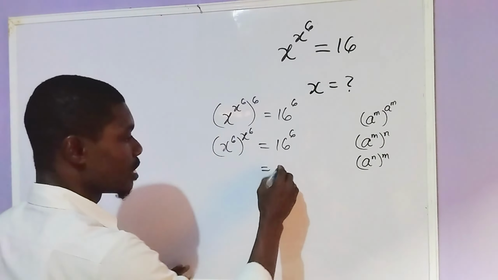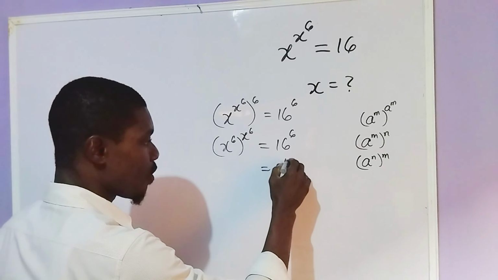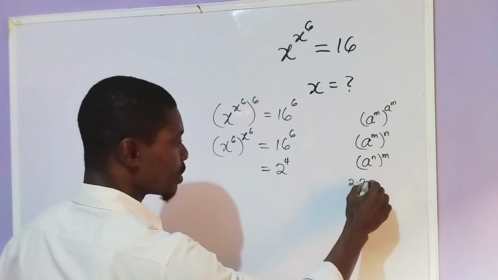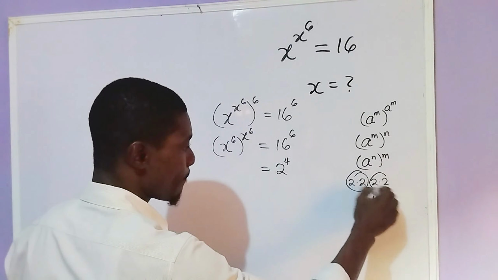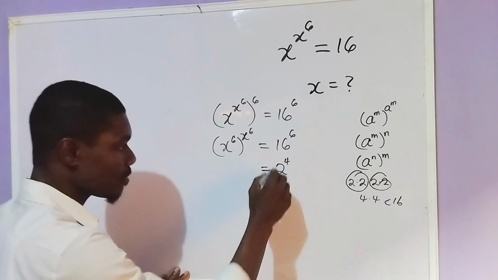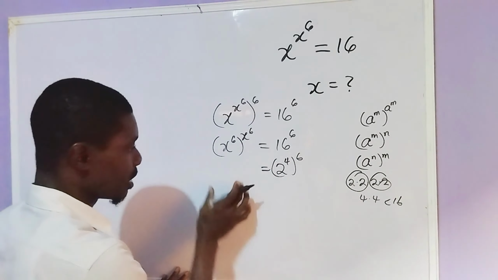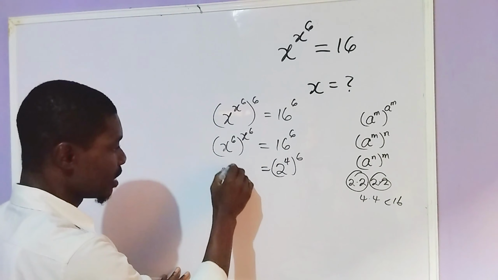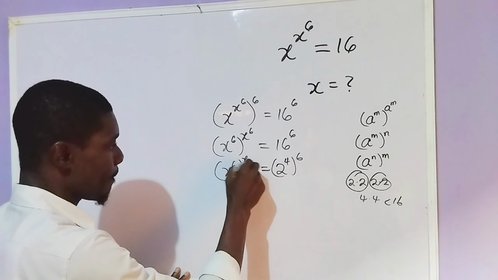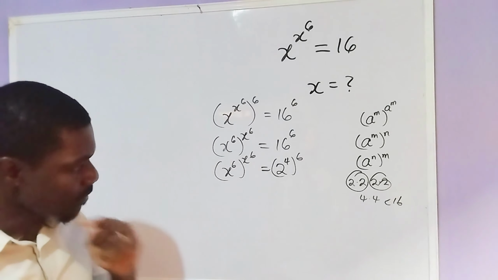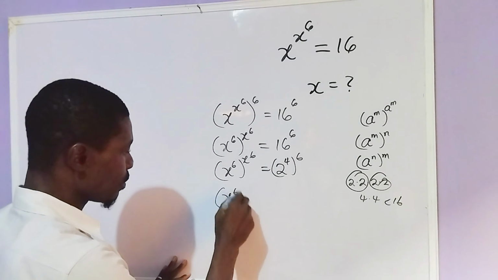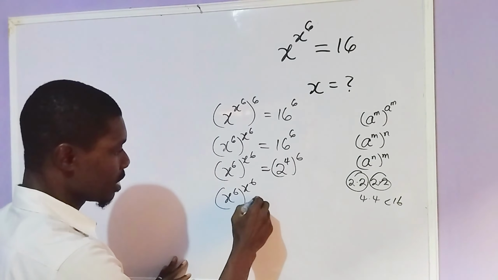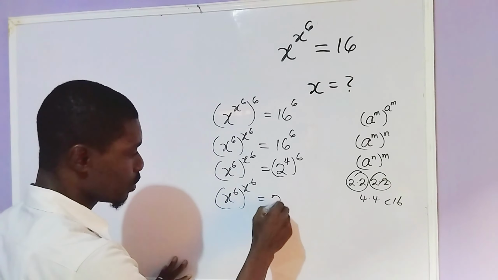That will be 2 raised to the power of 4, because 2 times 2 times 2 times 2 is 4 times 4, which gives us 16, all raised to the power of 6. Take note that the left hand side stands. So we have x raised to the power of 6, raised to the power of x raised to the power of 6, equals 2 to the power of 4, all raised to the power of 6.